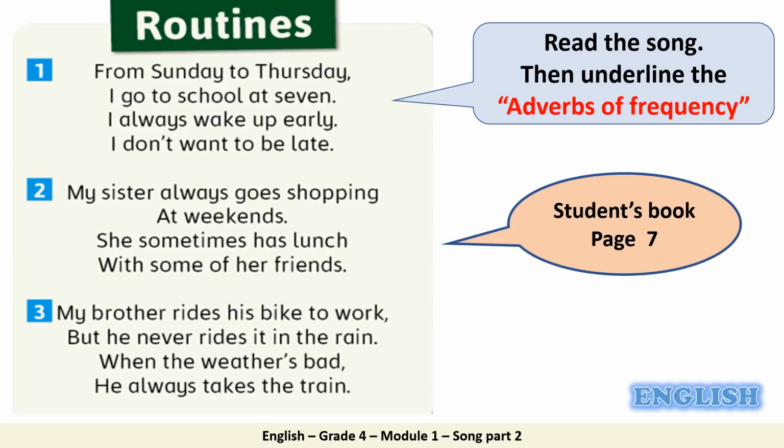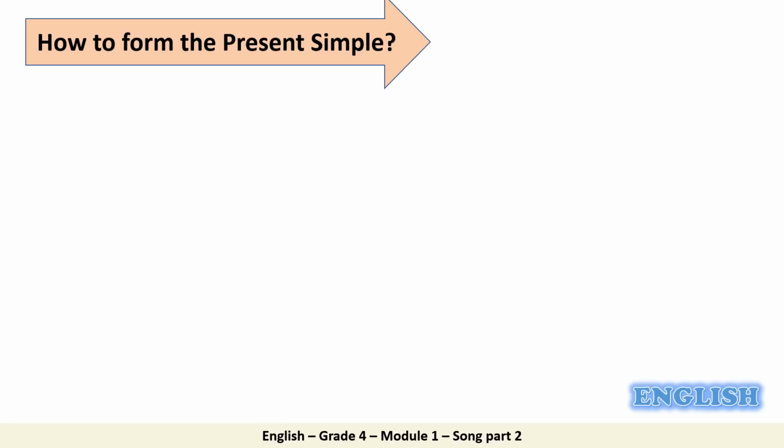Let's check your answers. In the first verse, always. In the second one, always and sometimes. And in the third one, never and always. All right, now we covered the first part, which is when do we use the present simple.